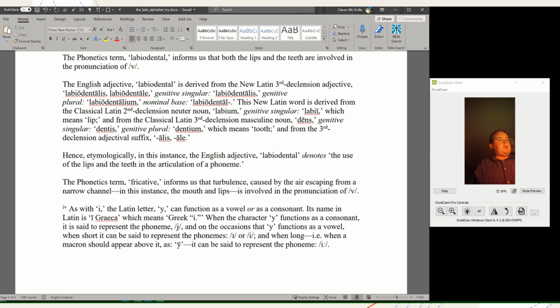When the character Y functions as a consonant, it is said to represent the phoneme Y, and on the occasions that Y functions as a vowel, when short, it can be said to represent the phonemes I or E, and when long, i.e. when a macron should appear above it, it can be said to represent the phoneme E.